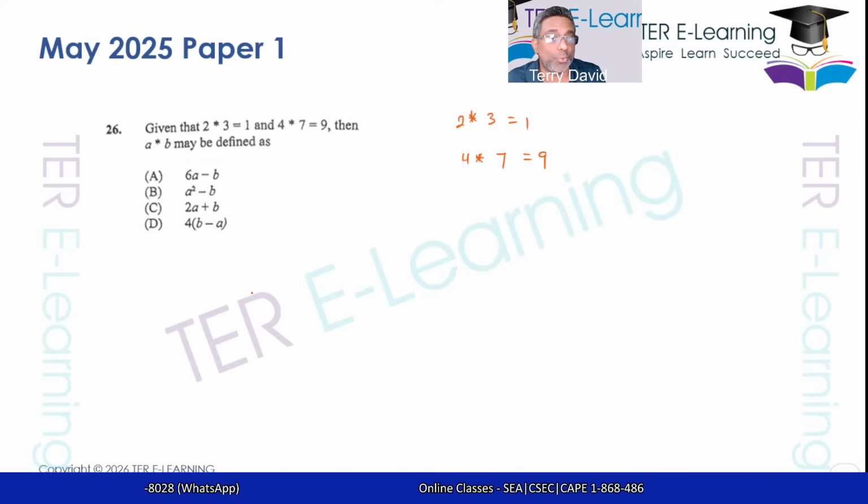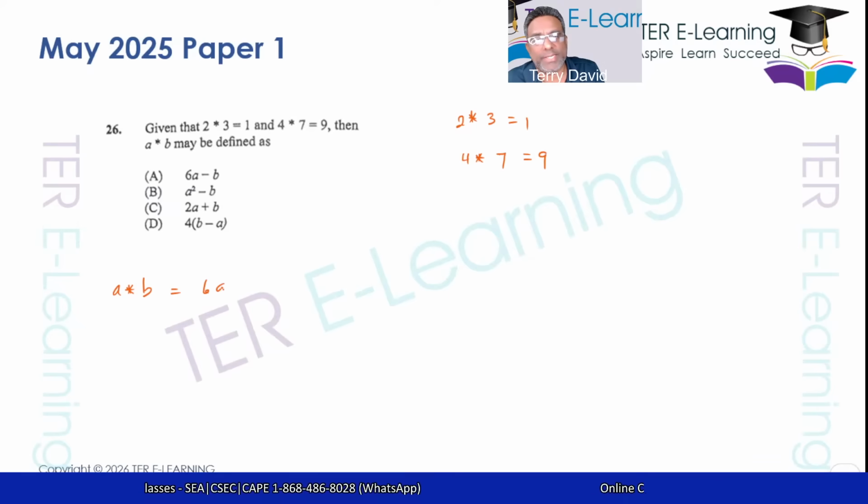Let's try 6a minus b. We have to do this by trial and error. So 2 star 3 is equal to 6 by 2 minus 3. That's 6 2s are 12 minus 3, which will give us 9. So this is out. Let's try the next one here.